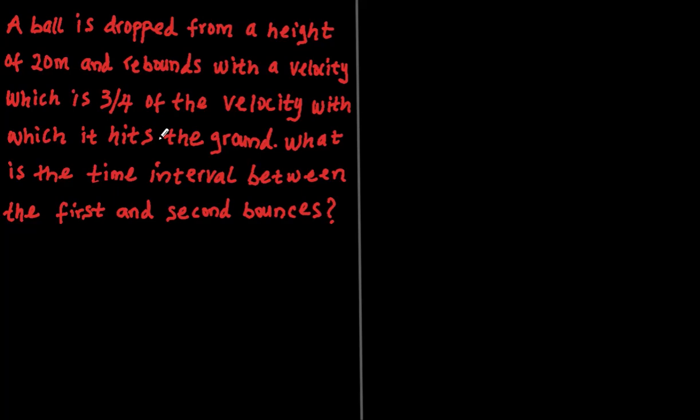A ball is dropped from a height of 20 meters. All right, so this is the height. Let's say it falls to the ground. So this height is 20 meters. And it rebounds with a velocity which is 3/4 of the velocity with which it hits the ground.